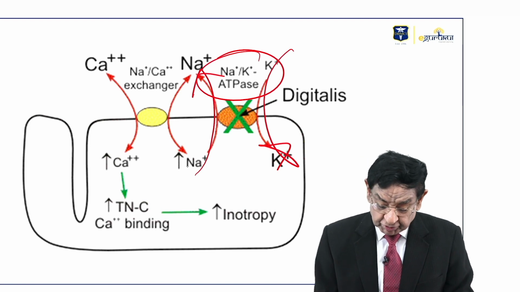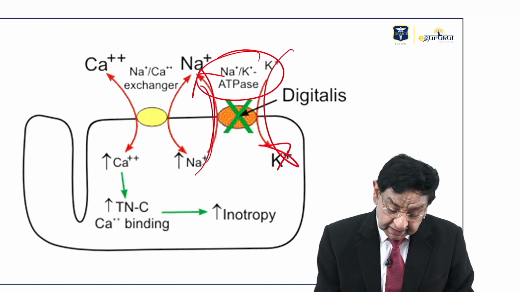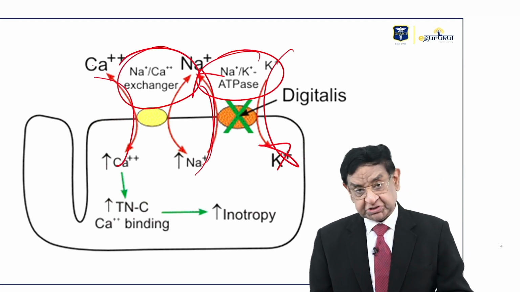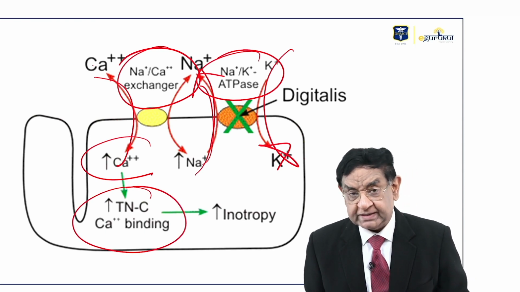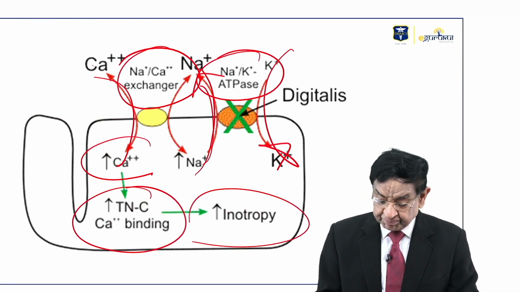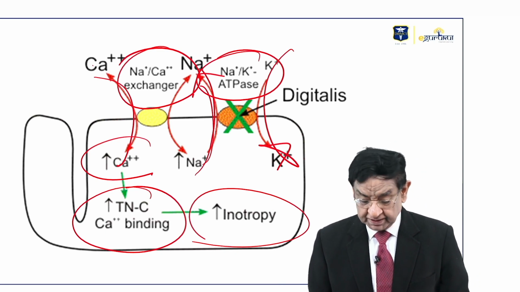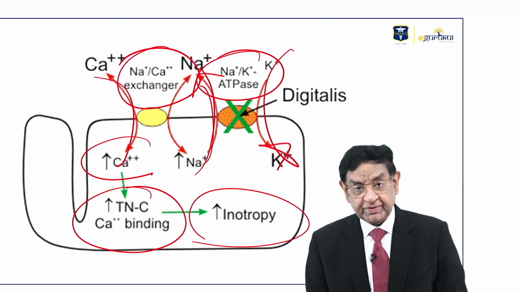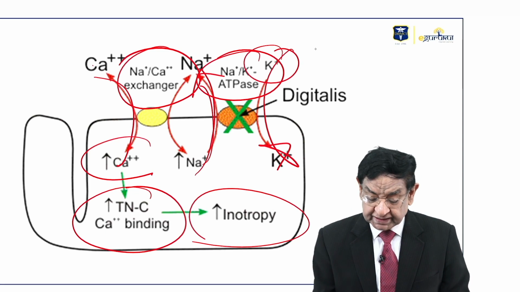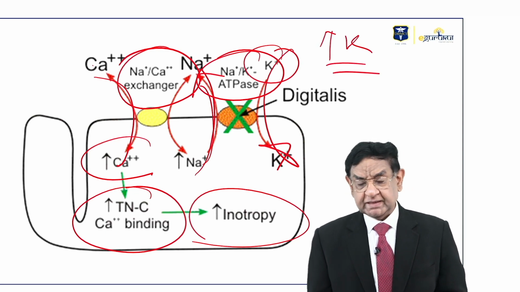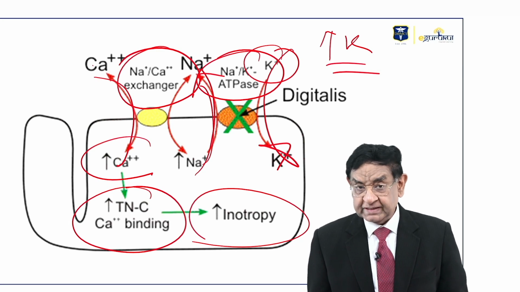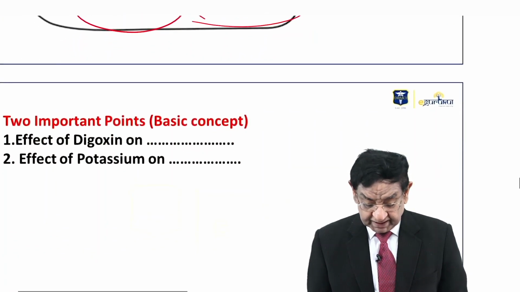So now sodium goes out and calcium comes in by the sodium calcium exchanger. Increased calcium binds to contractile protein in the myocyte, leading to the positive inotropic effect. But note that when we are using digoxin, it causes increased serum potassium level, and that's the mechanism why hyperkalemia occurs.